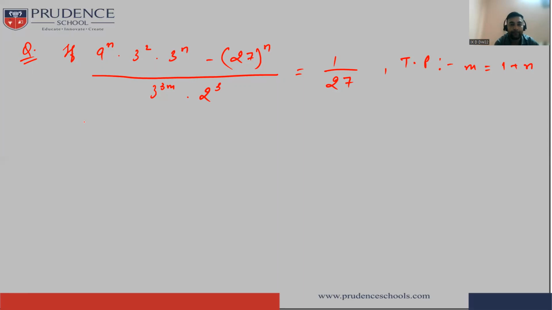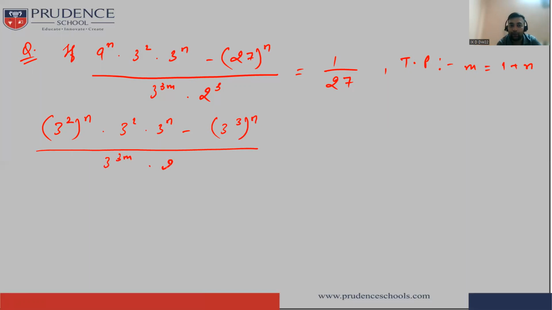So we will convert all these numbers into 3 power, right? Powers of 3. So this will be 3 square raised to power n into, this is already 3 square. This is 3 raised to power n minus, this can be written as 3 raised to power 3 whole raised to power n divided by 3 raised to power 3m into 2 raised to power 3 is equal to 1 upon 3 raised to power 3.